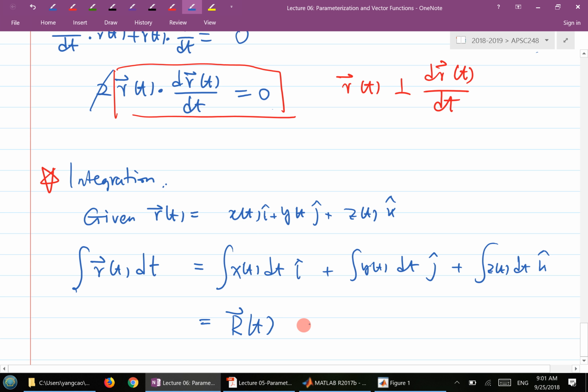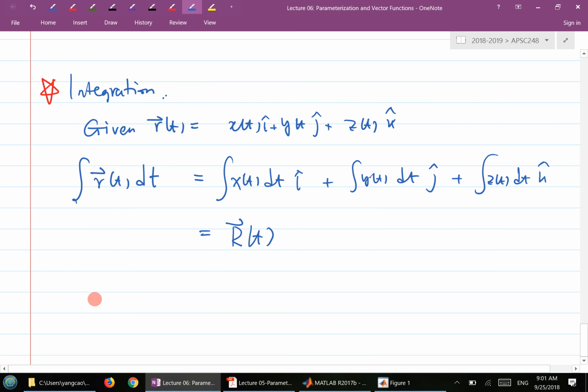When you integrate a scalar function, you get its antiderivative, and remember what you do next? You add a constant c, right? But here, do we add a constant c?